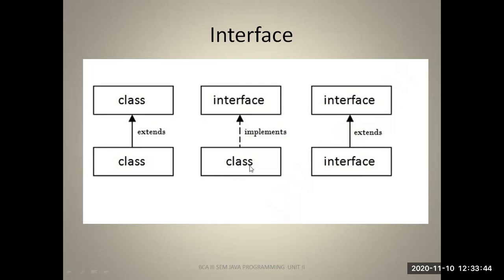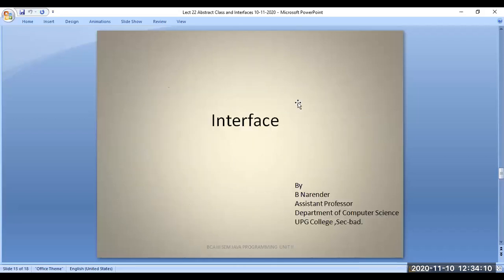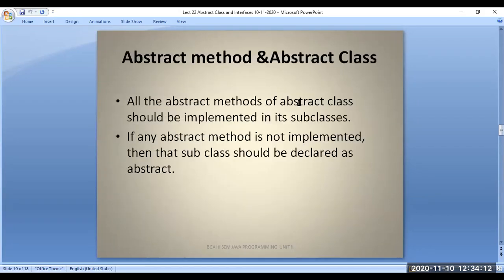And one more thing, a class can implement more than one interface. Make a note of this. That is, a class can implement more than one interface. So with this point, we can say that the major topics have been finished.